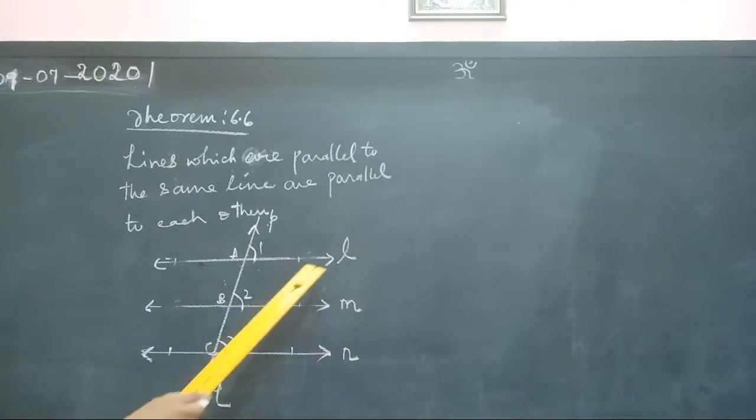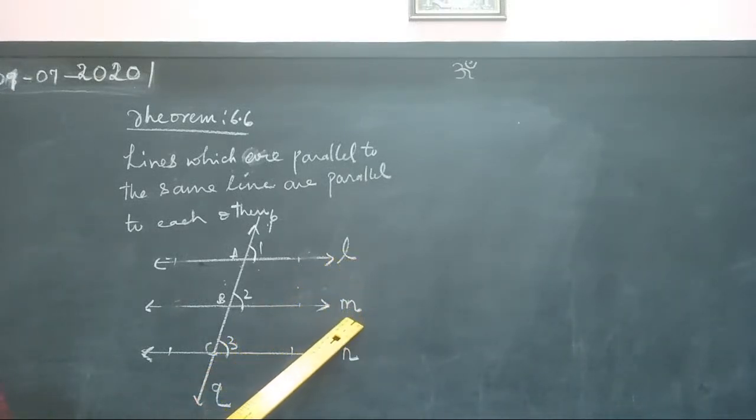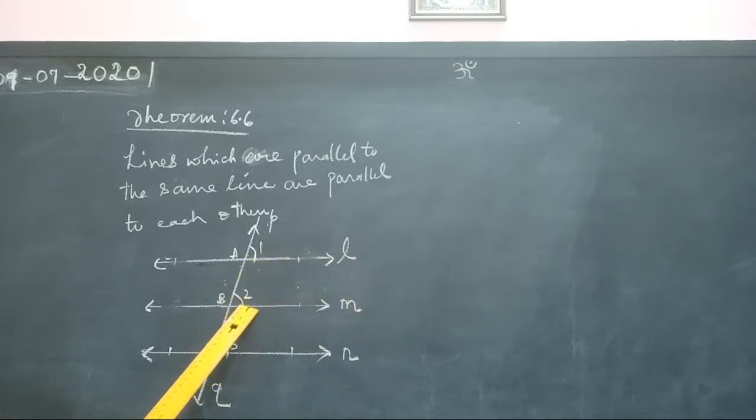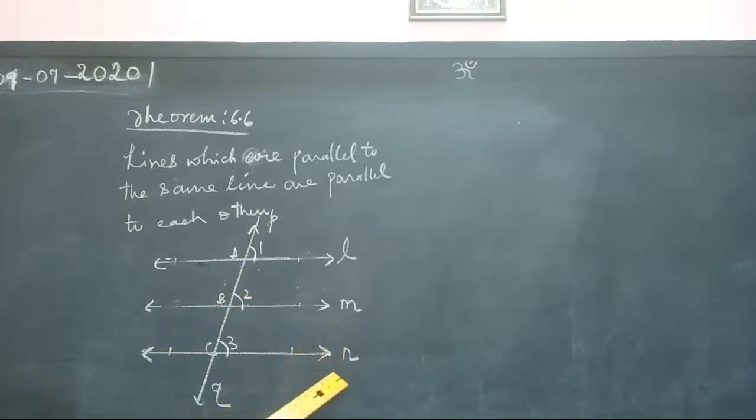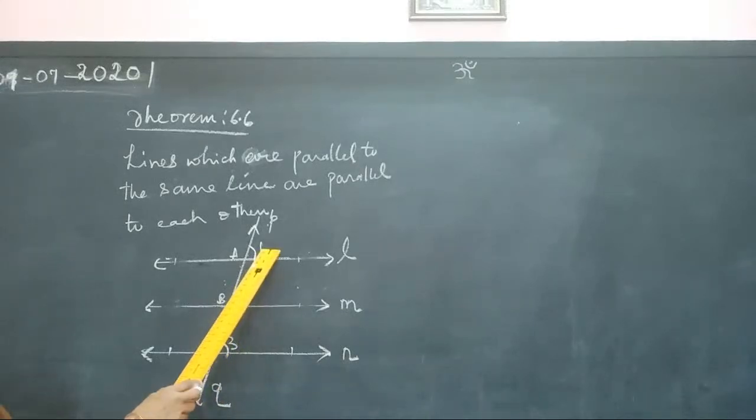Okay? When line L is parallel to M, then their corresponding angles are equal. That is, angle 1 equals angle 2. And when line N is parallel to M, then angle 2 equals angle 3. From the result, we can obtain angle 1 equals angle 3.